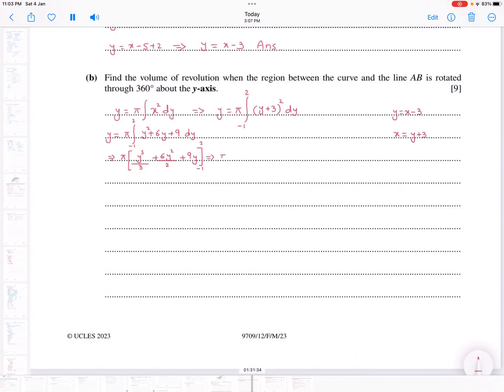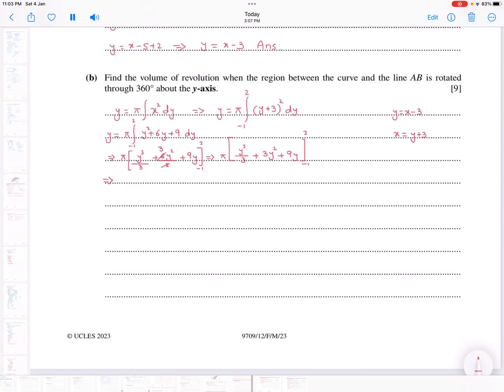Now put the upper limit minus the lower limit. First let me further simplify it, because 6 is going to be divided by 2. Now it's y cubed over 3 plus 3y square plus 9y. Limits from minus 1 to 2.